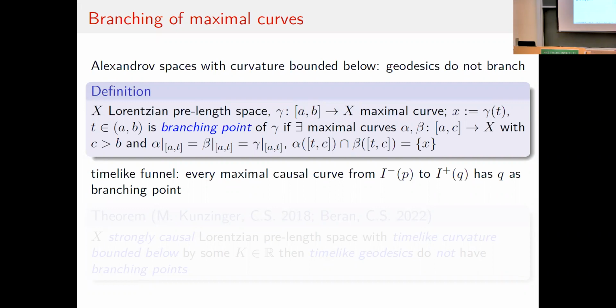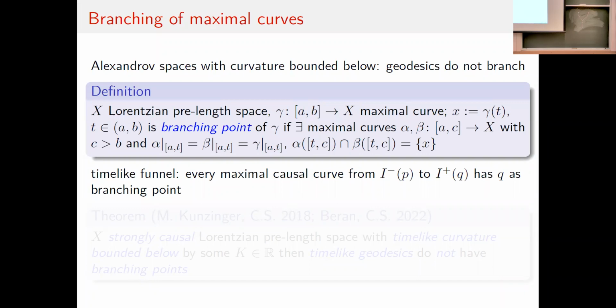And this is what we called a time-like funnel. So you take, say, Minkowski space and take a time-like curve in Minkowski space from P to Q, and then look at I plus of Q, I minus of P, and X is then, so say this is gamma, then X is I minus of P, gamma, and I plus of Q. This is your whole space.